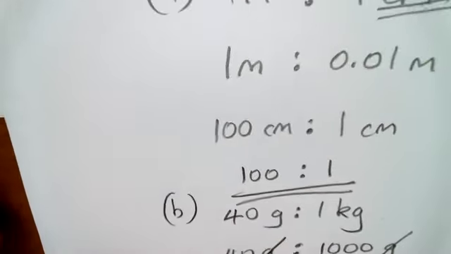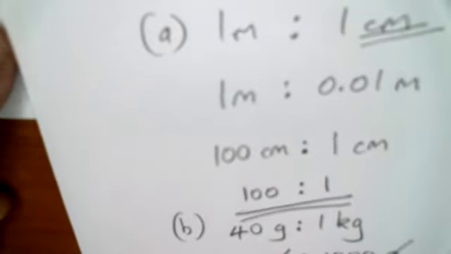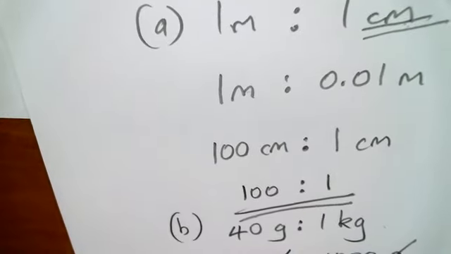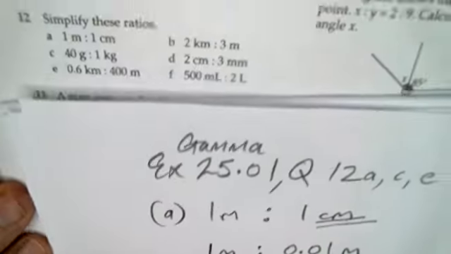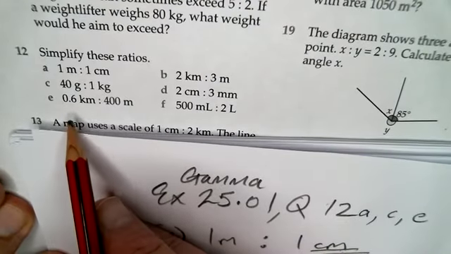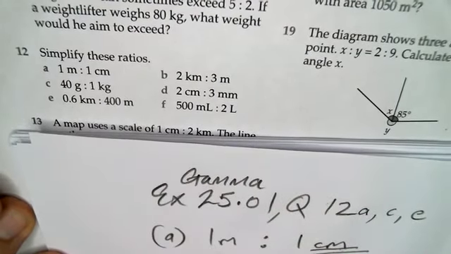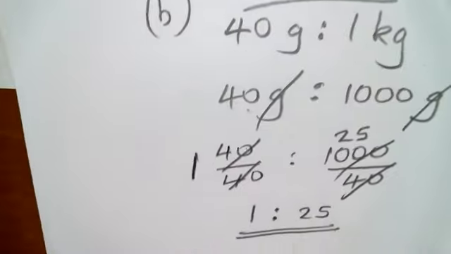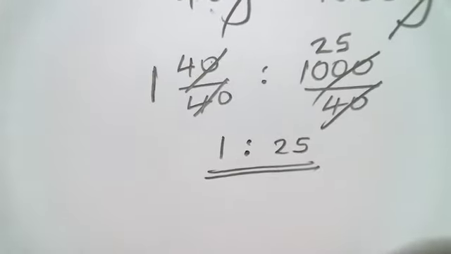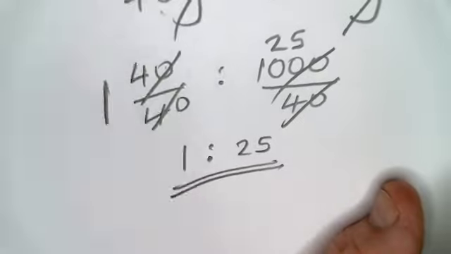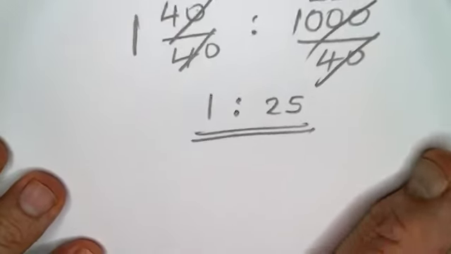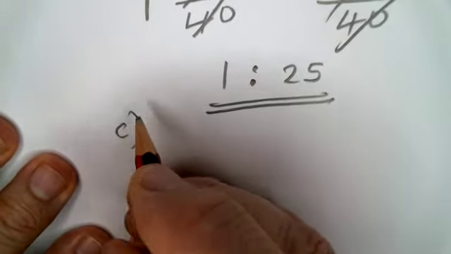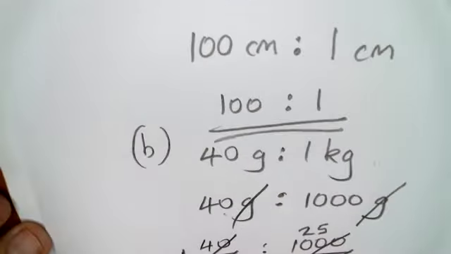All right, let's have a look at the next one. I've got 0.6 kilometers and 400 meters. Sorry, what am I doing?